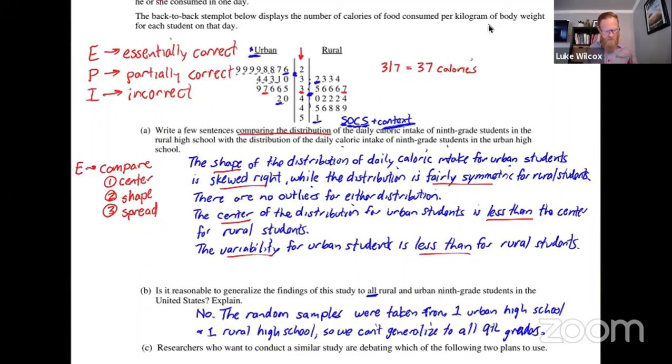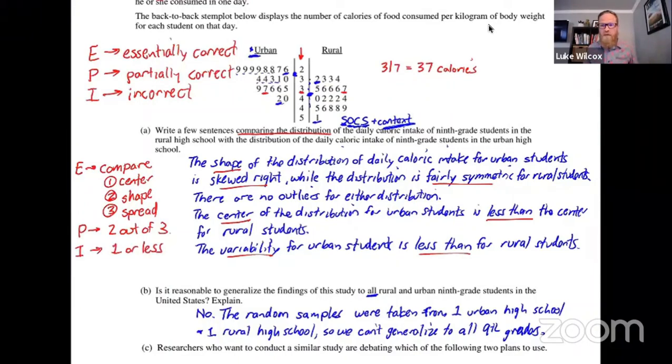So we definitely would get an E for this part. Now, to get partially correct, you would have to have 2 out of the 3. So maybe you forgot to talk about the spread, but you talked about the other 2. That could still earn you a partial credit. And then, of course, an I would be 1 or less.